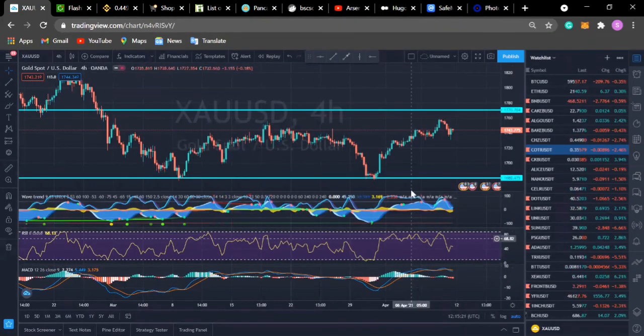See, the same applies for gold. This is the 4 hours. Look at it. Hit here, it dropped. Look at, hit here, dropped. Look at the wave trend oscillator going.